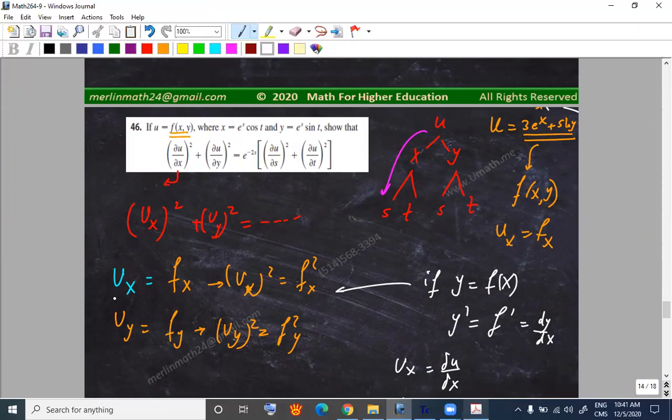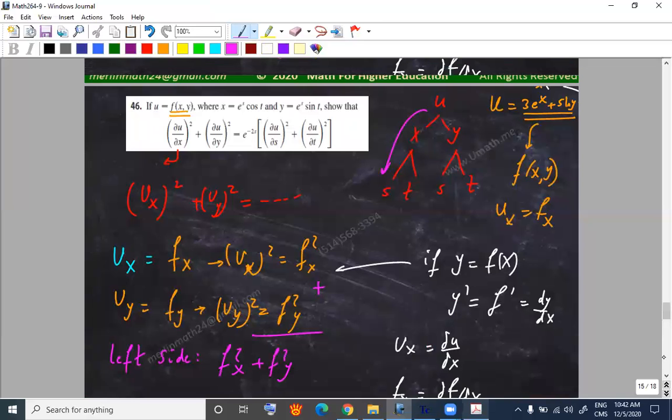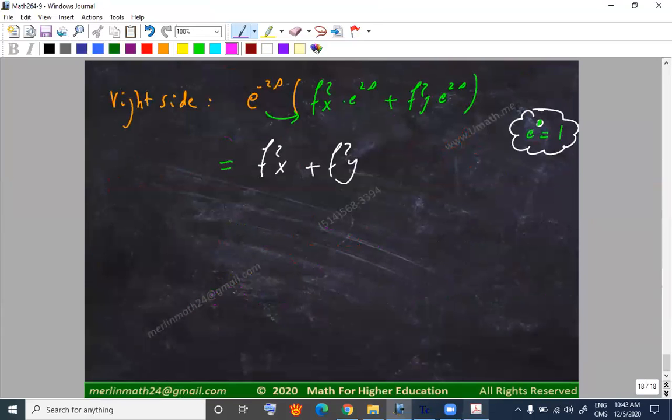Your left side is u_x squared plus u_y squared. We didn't add on the left, but it's the same: f_x squared plus f_y squared. So the left side is the addition of those two. I would get f squared x plus f squared y. That's it. So they match. Okay, so we say the left side is identical, or equivalent, or equal to the right side. Yes, that's true.